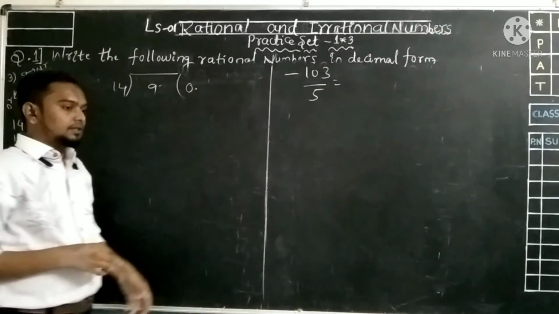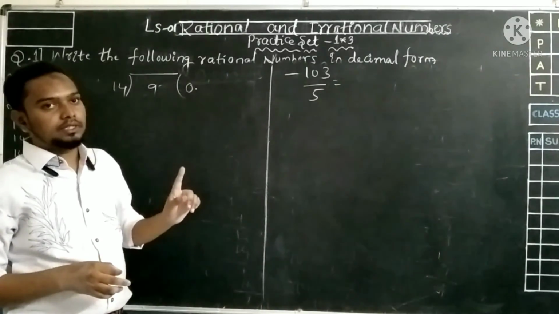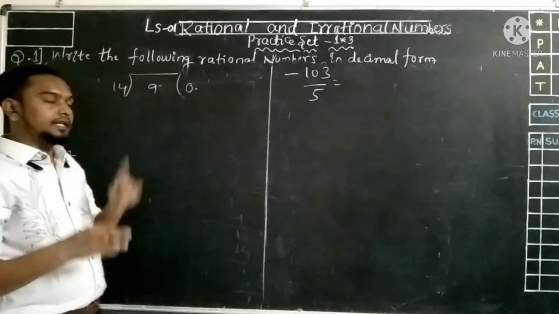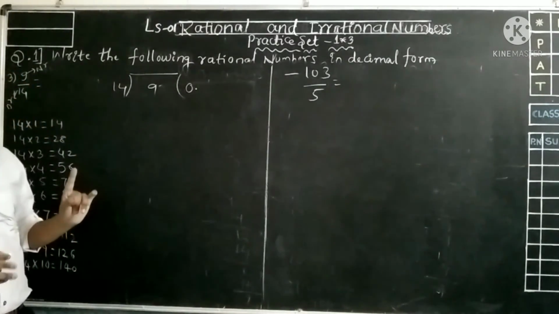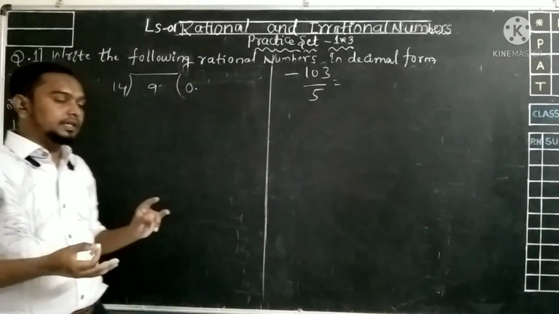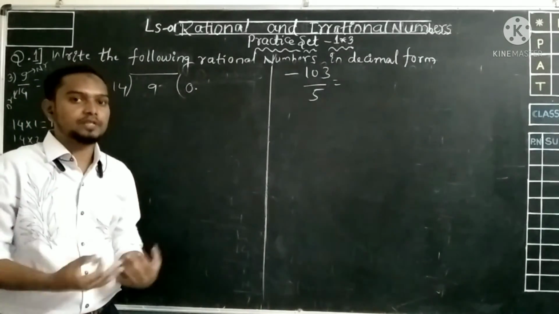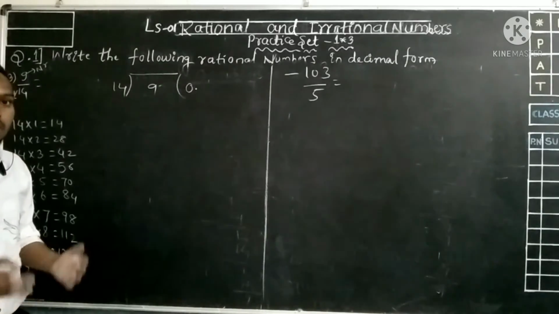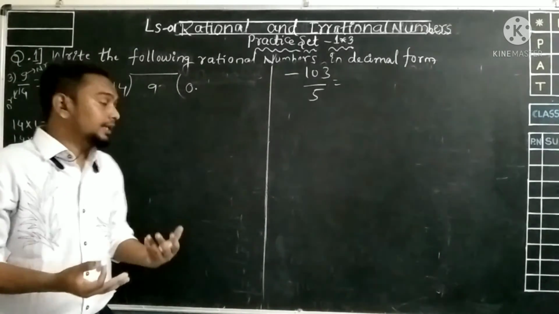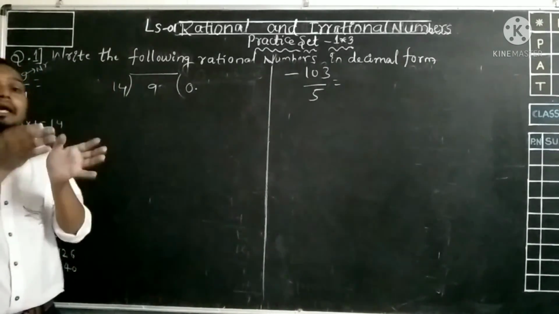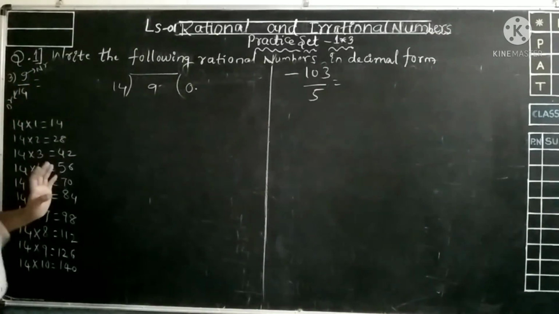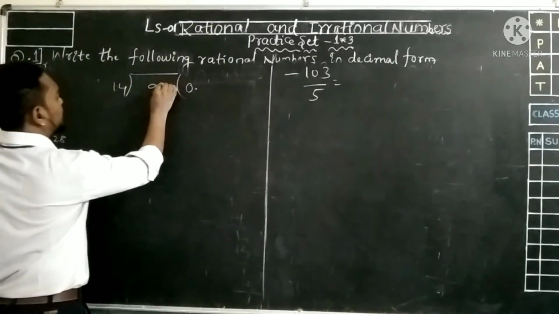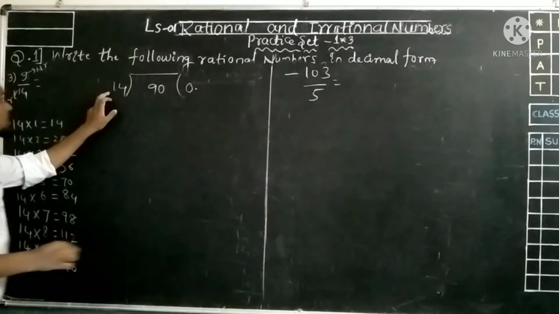When we are taking the decimal point, after any number we can put 0, or uncountable zeros. Okay, first of all we will put 0.